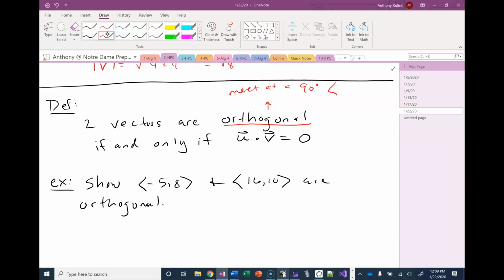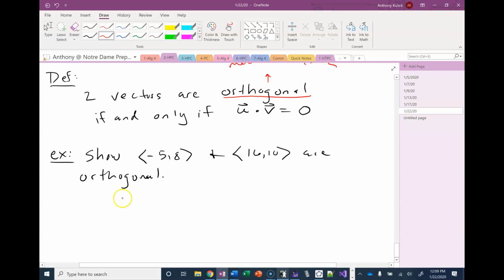So suppose I was asked to show that two vectors are orthogonal. We can do that just by computing their dot product. So -5 times 16 is -80. 8 times 10 is +80. -80 plus +80 is 0.